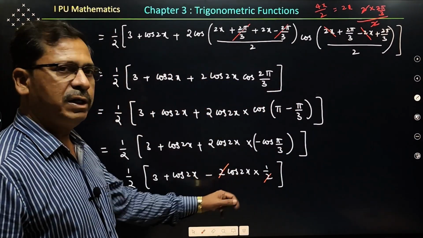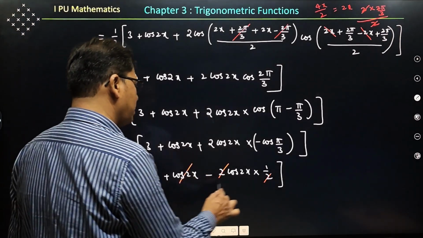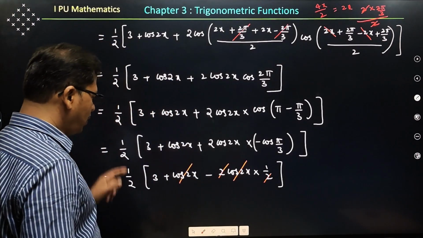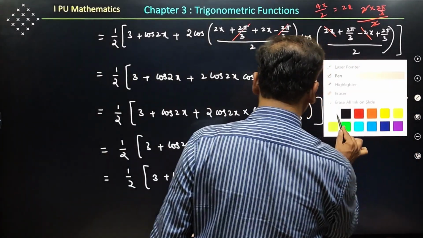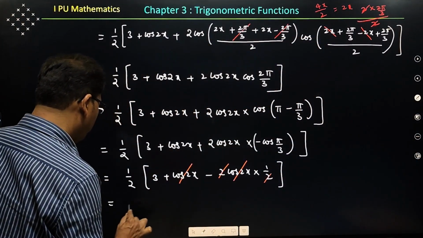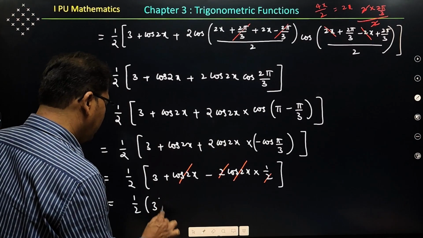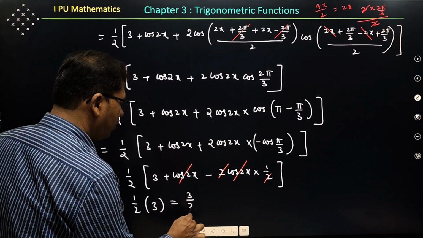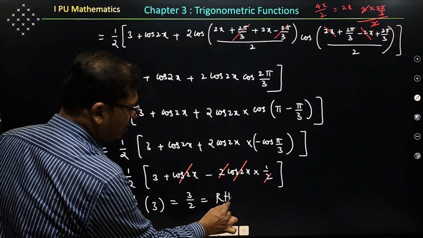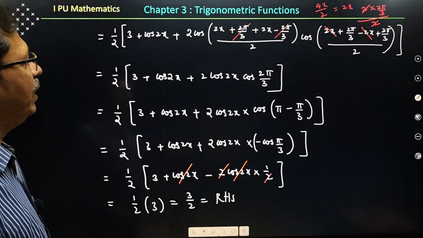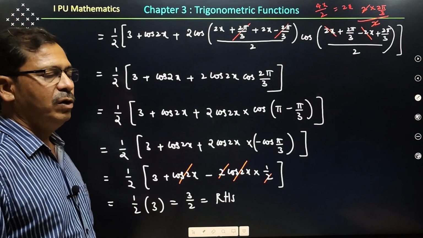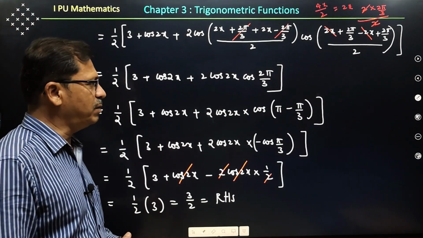Plus cos 2x and minus cos 2x cancel entirely. What remains? 1 by 2 into bracket 3. So the answer is 3 by 2. This is the required RHS, and this completes the solution for this example.